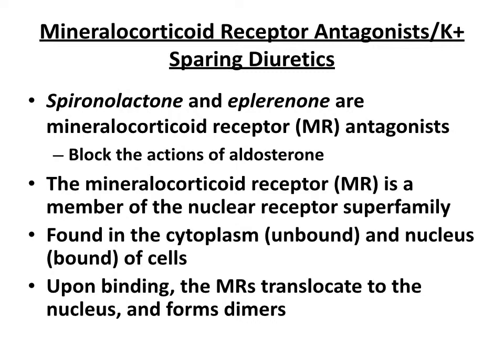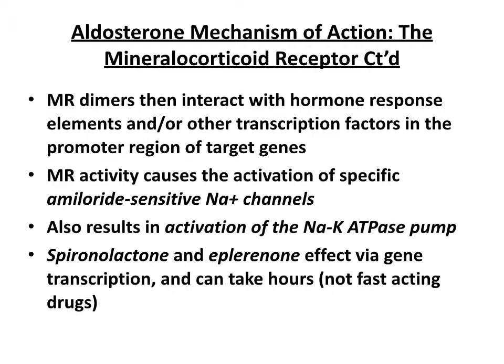When they get bound by aldosterone, they translocate into the nucleus and form dimers. The dimers then interact with hormone response elements and other transcription factors at the level of the DNA. So mineralocorticoid receptor antagonists work through the genetic machinery to cause changes in function.